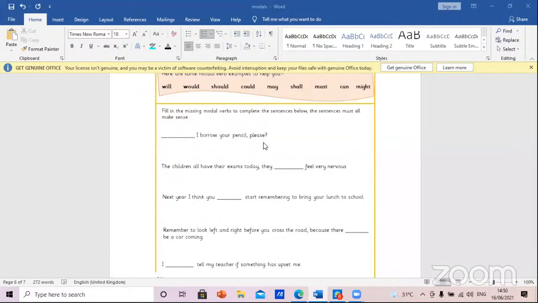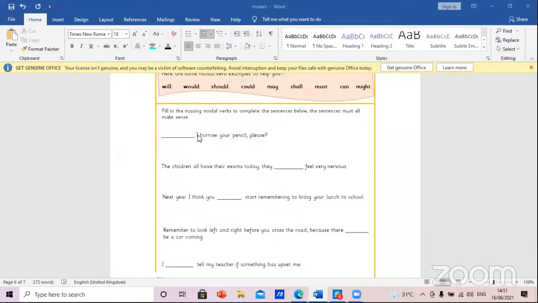I borrow your pencil, please. What is the answer? Now you can type the answers. Yes, May is also possible. Can is the best answer because it is me who is going to take the other's pencil.